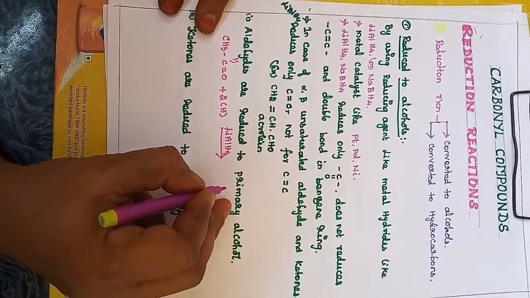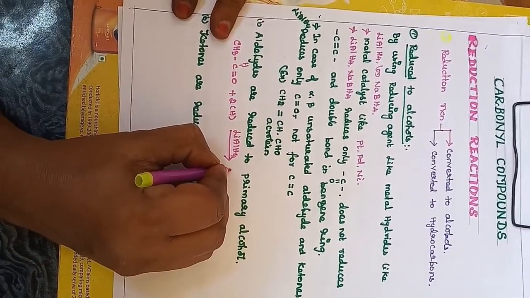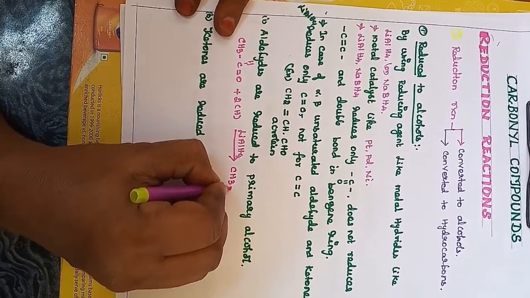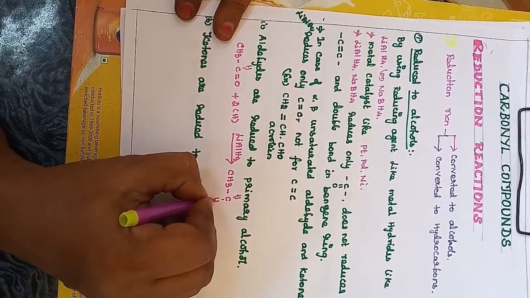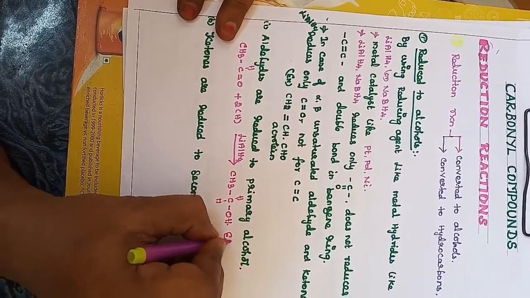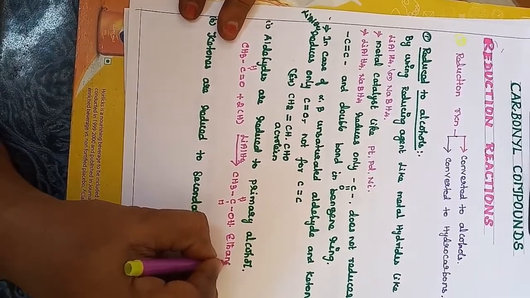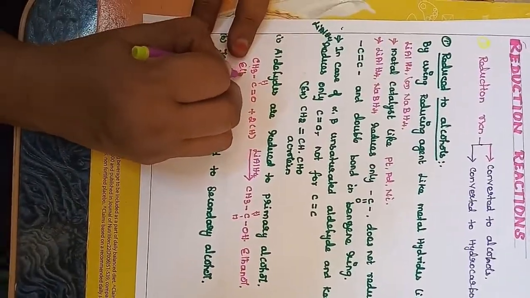The general format of a primary alcohol is CH2OH. CH3CH2OH. It is ethanol. This one is ethanol.